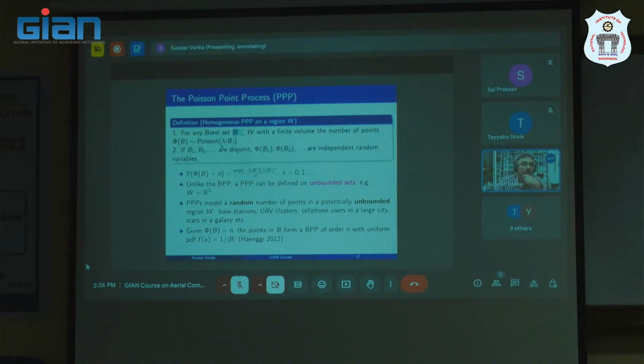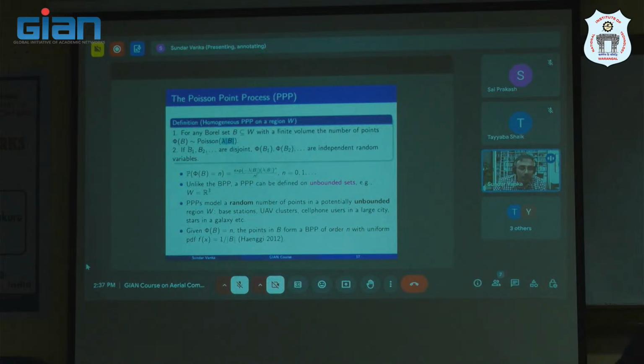And this lambda is what is called the intensity of the point process. So if I'm given a B, which has some bounded area, I'll first find the number of points which the process will put in B. It is a Poisson distributed random variable whose mean is some intensity lambda multiplied by this area. If it's 3-dimensional, this thing will become volume.